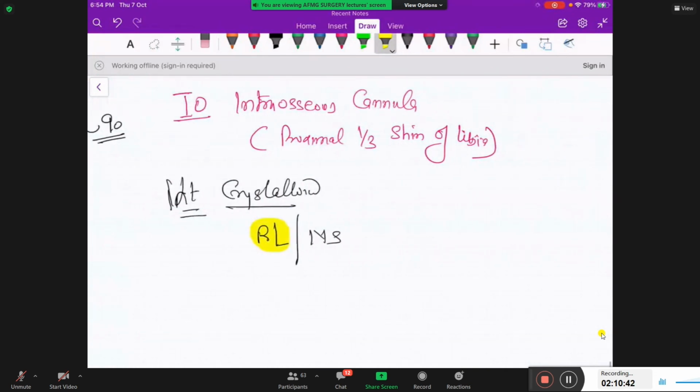And after that, we will give 1:1:1. What is this 1:1:1? Blood and blood products.